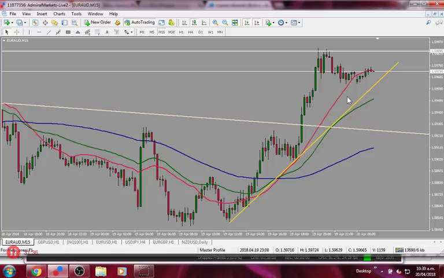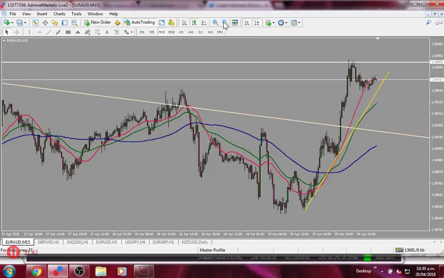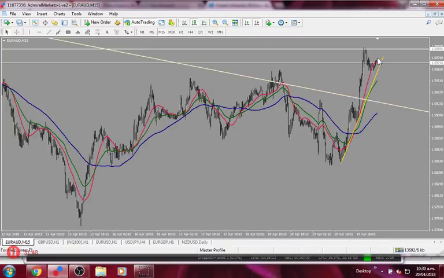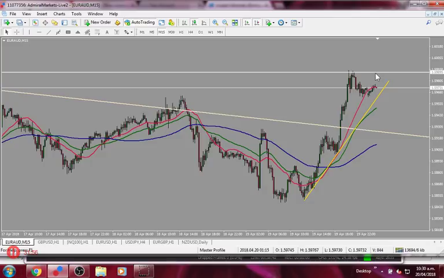Then in terms of targets, I said if the market is trending, then you can just follow this move, and you can say my target, instead of using resistance levels, is when these moving averages will start to cross.